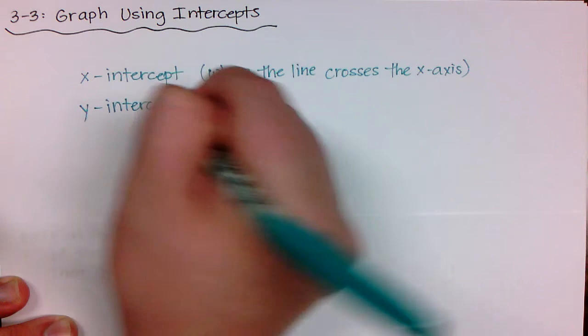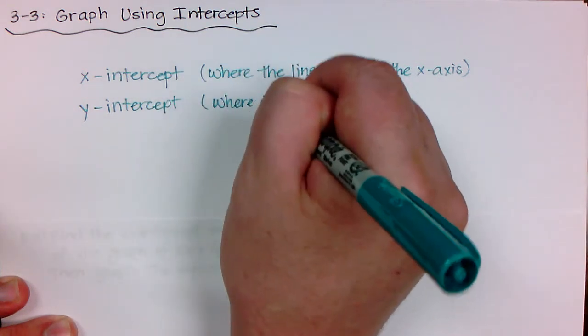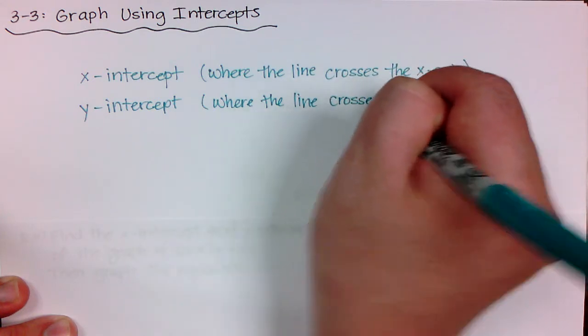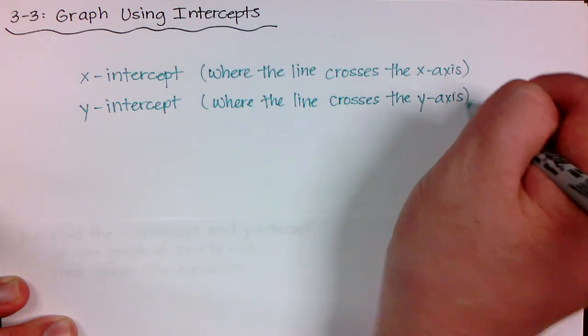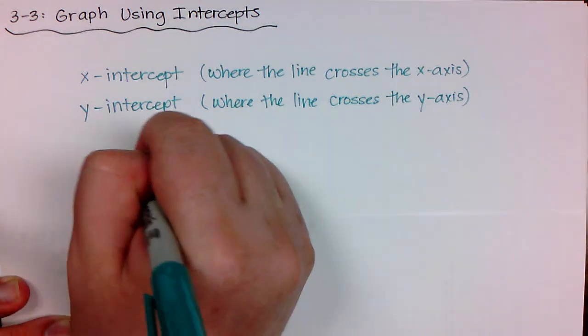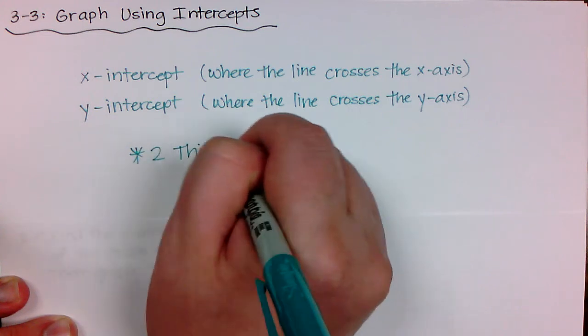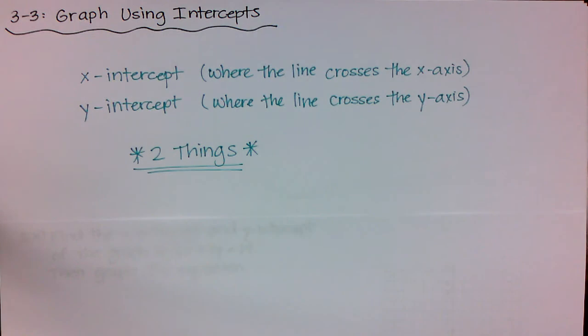It's where the line of your equation crosses the Y-axis. Okay, so you only need these two things to make a line. And that's it. So let's go ahead and just do our first example.